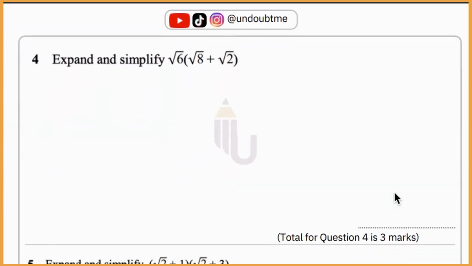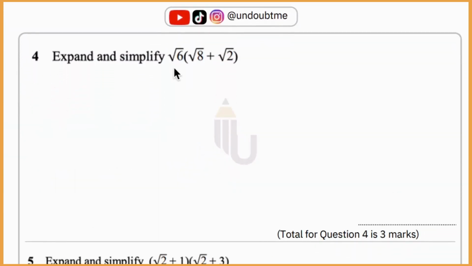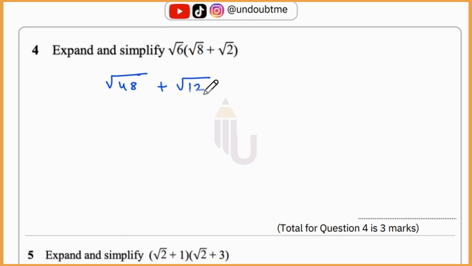For the fourth question, same approach, root 6 goes in. It will be root 6 times root 8, that is root 48, plus root 6 times root 2, that will be root 12. Then we have to make factors for 48. 48 is 4 times 3. There can be smaller factors also, I'm just focusing on pairs.